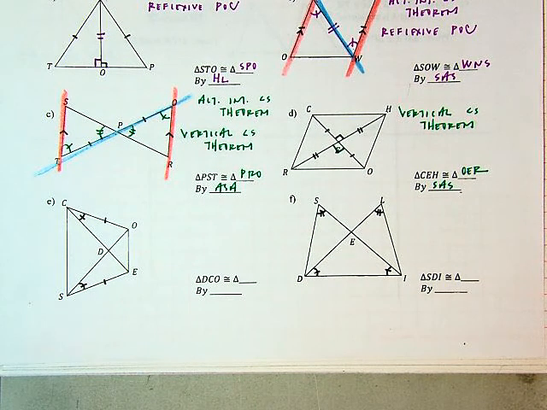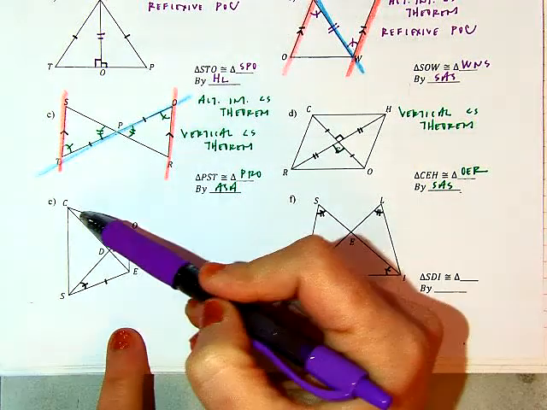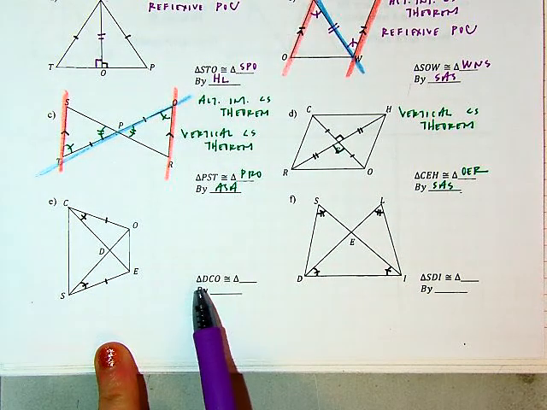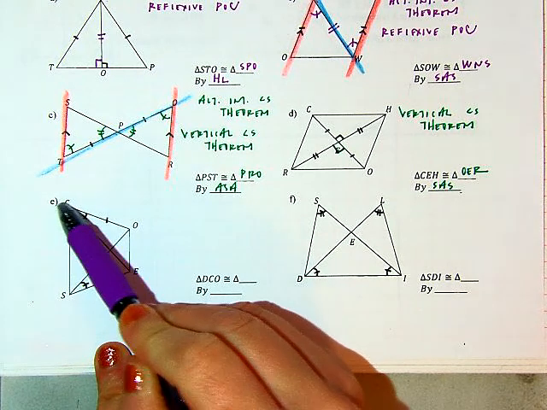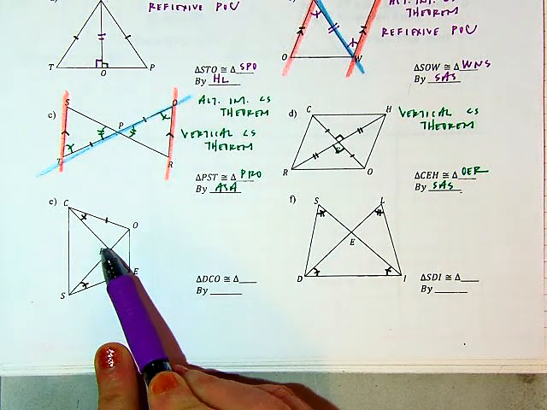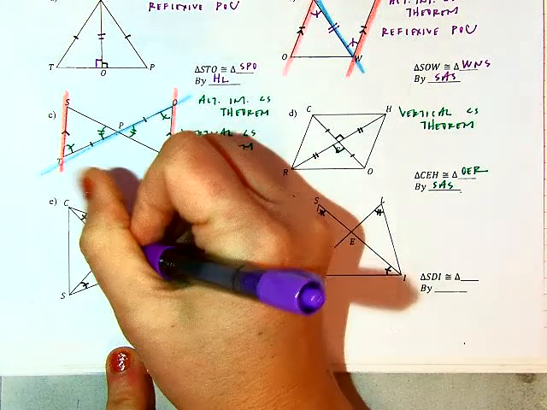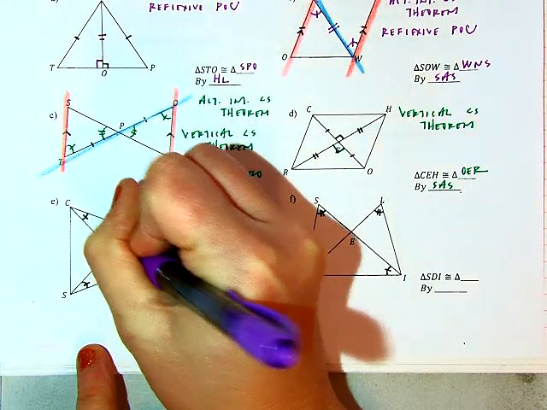All right, next one, E. Here I'm given these angles are congruent, these sides are congruent. I'm trying to prove DCO, so I want to link that to DSE. So what can I link up? Well, I got a lot of vertical angles here too. We saw that a lot.